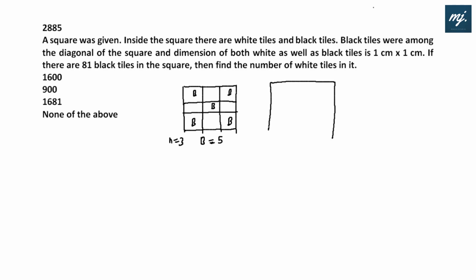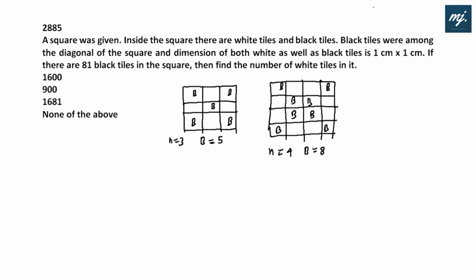If I make another square, 4 by 4, black, black, black, black, black, black, black, black. So when n is equal to 4, number of black tiles are 1, 2, 3, 4, 5, 6, 7, 8.